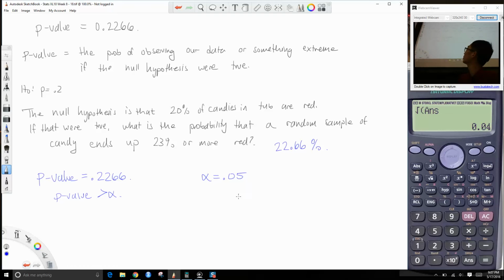Our p-value is greater than alpha. And so what this means is that the results we see could very well be a result of random chance.